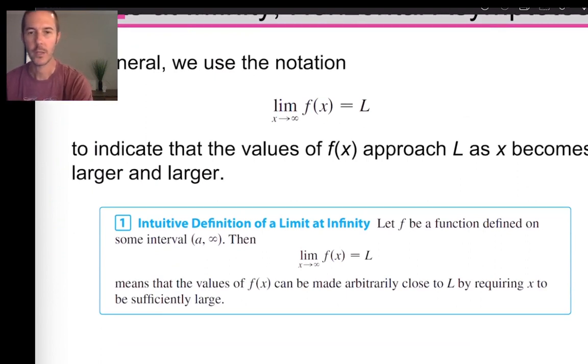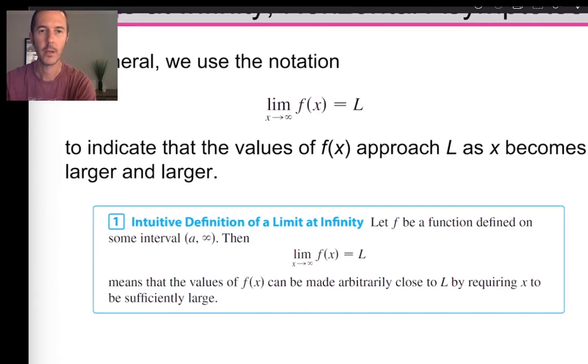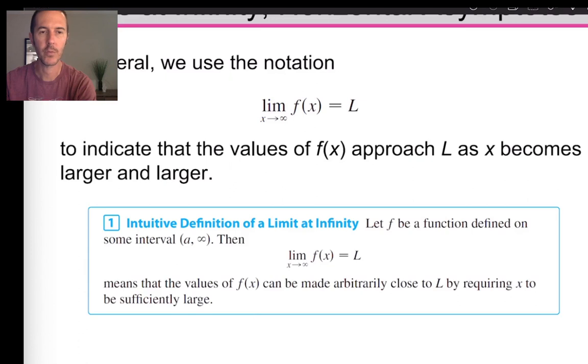This author calls it intuitive, and our intuitive definition for a limit at infinity, this one is for positive infinity, says that as our x values get larger and larger, we can get y values that are closer and closer to capital L, which is the letter that we've been using to represent our limit.